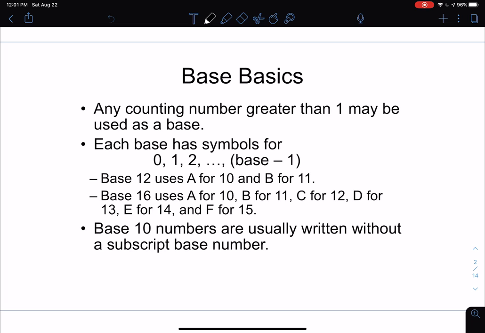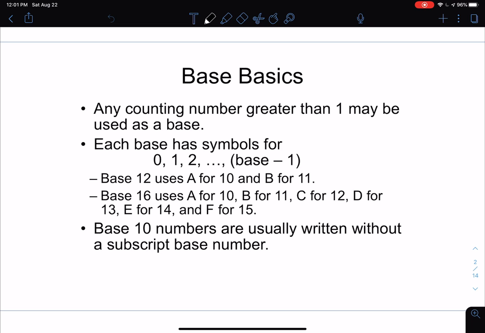But when it gets to 10 and 11, you can't squeeze 2 digits into one place value space. So you use like capital A for 10, capital B for 11. That's one way to do that. And the same idea with base 16, another common base. A for 10, B for 11, C for 12, D for 13, E for 14, and F for 15.